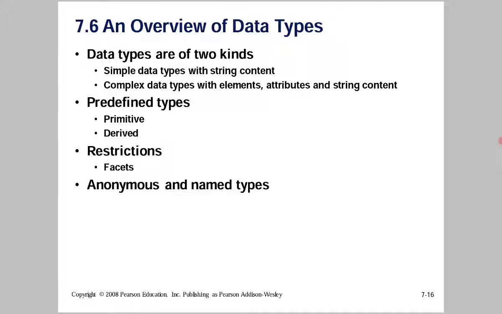Primitive data types are the primary data types, which we can use directly. Derived data types can be formed from the primary or primitive data types. Text restrictions and anonymous and named types are other types of data types.